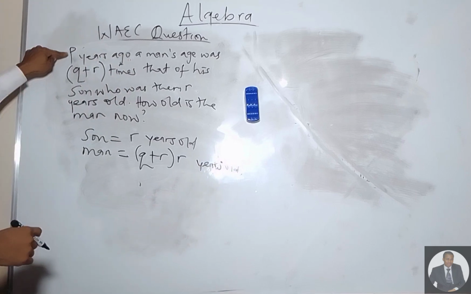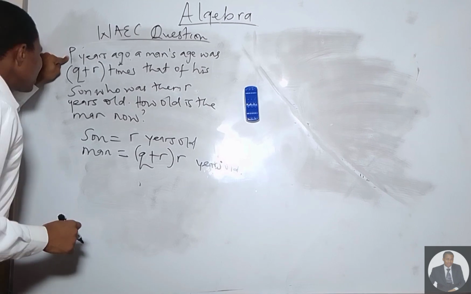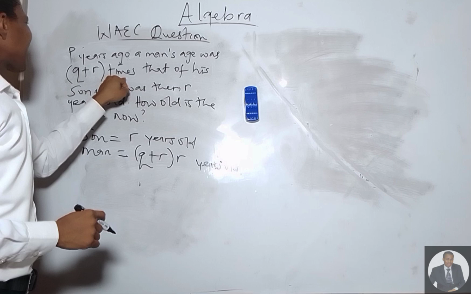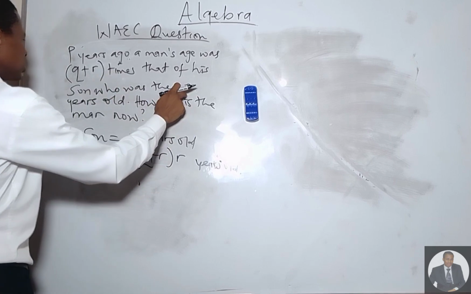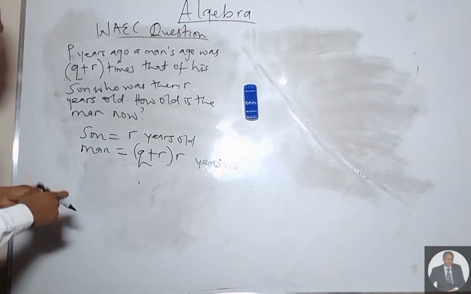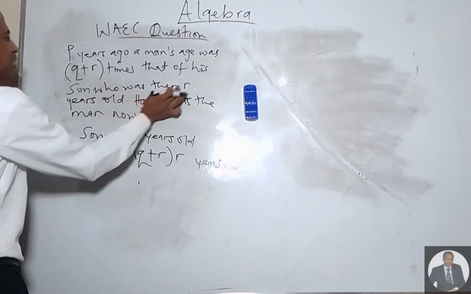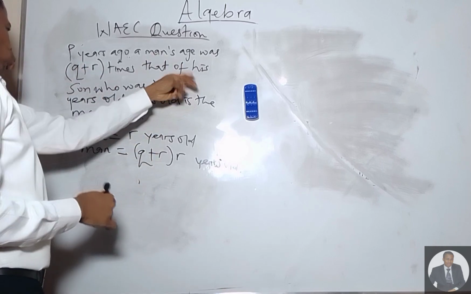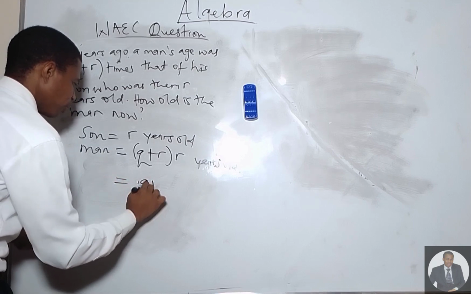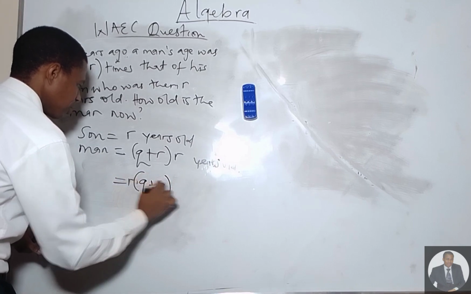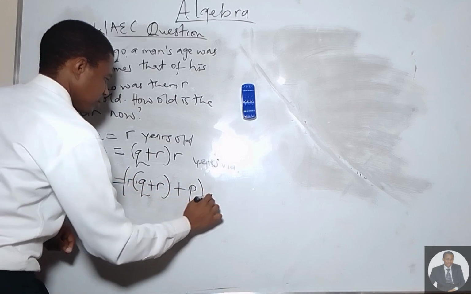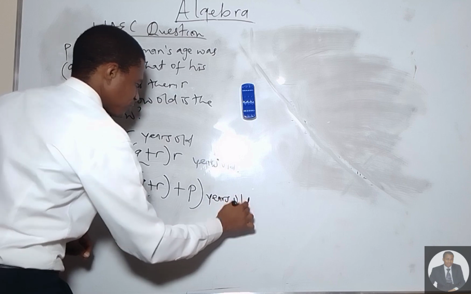Let's assume P is 2. 2 years ago, a man's age was q plus r times r, the age of his son. So now, how old will the man be? That will be q plus r times r plus 2, so it will be q plus r times r plus P years old.